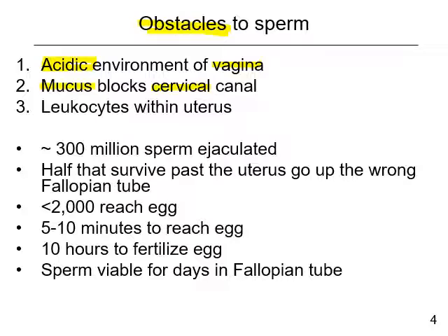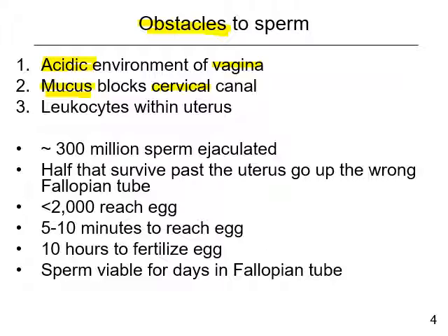At ovulation, actually, the estrogen levels that are increasing before ovulation cause a change in the mucus. The mucus changes from a thick mucus to a thinner, more liquid, stringier mucus that is more permeable to sperm.